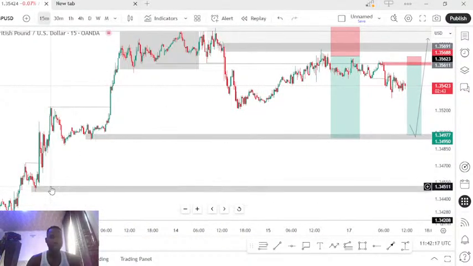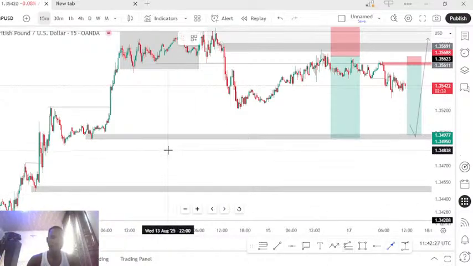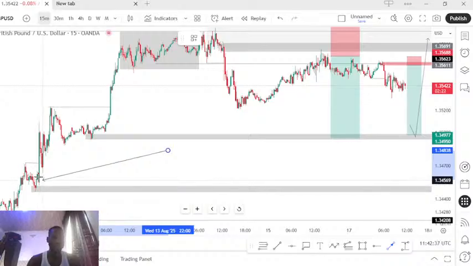Peradventure price violates this support level, then what we should be looking out for is to see price come to this support here, this support level. Okay, this support level, because currently we have price broke this structure. It hasn't completed what it is required, and what is that? Price returning back to the origin that broke the structure.